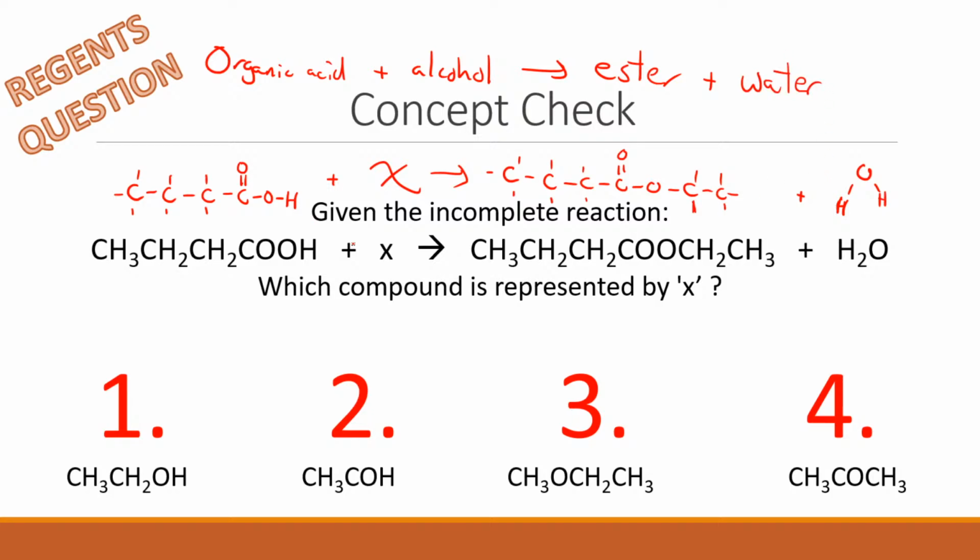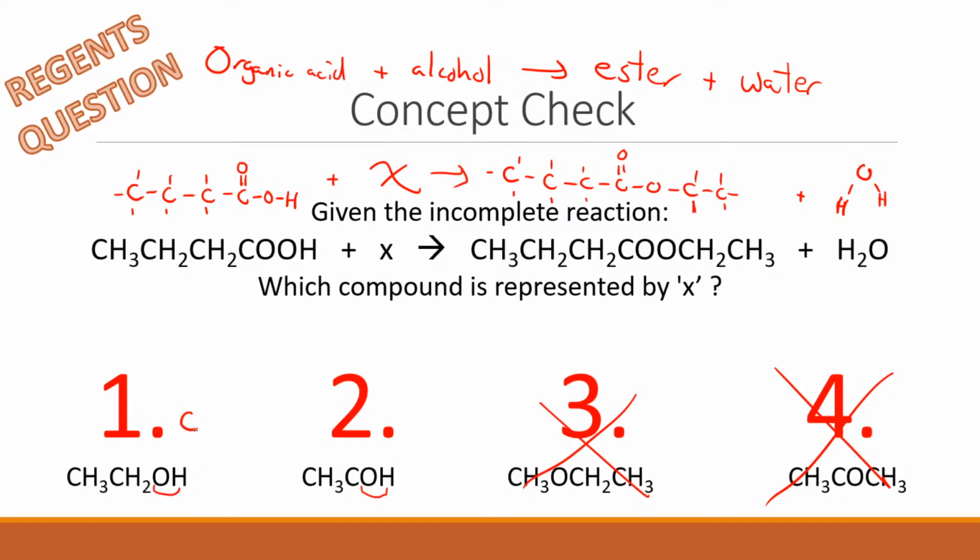So I know that my answer has to be an alcohol. So I'm looking. This is not an alcohol, right? Alcohols have OHs at the end. This, not an alcohol. Here's an alcohol, maybe, that's got an OH at the end. Here's an alcohol.